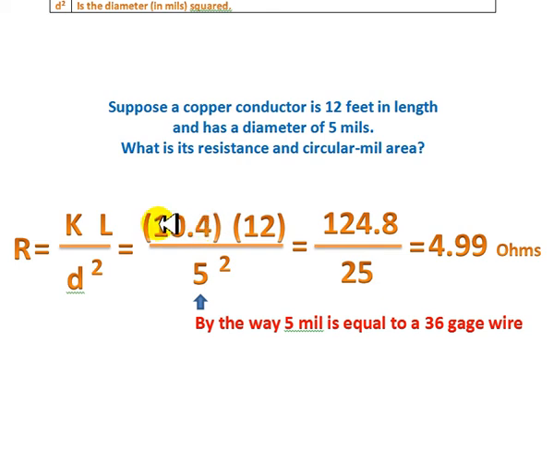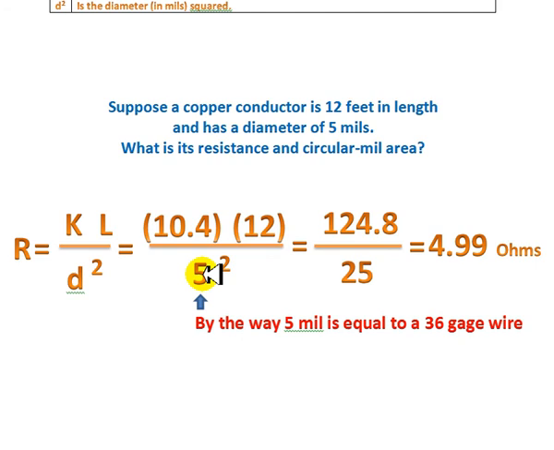For copper, it's 10.4. The length is 12 feet. You have to put this in feet. D is 5 mil. That's when you take a caliper and measure the solid wire, and the diameter is 5 mil, 5/1000th of an inch.